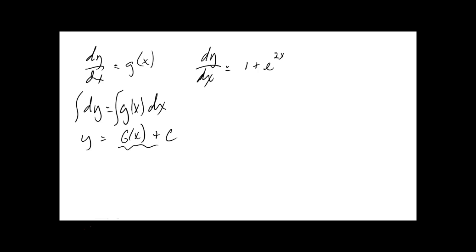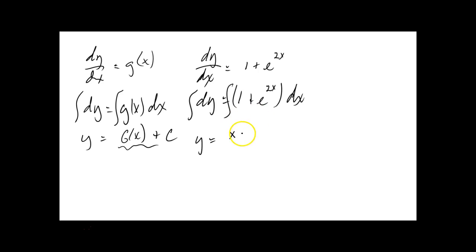Well, the thing on the right is only a function of x, no y's over there at all, so we write it in differential form. And that would be dy is equal to 1 plus e to the 2x dx, and integrate both sides, and this would be y is equal to, the antiderivative of 1, of course, is x.